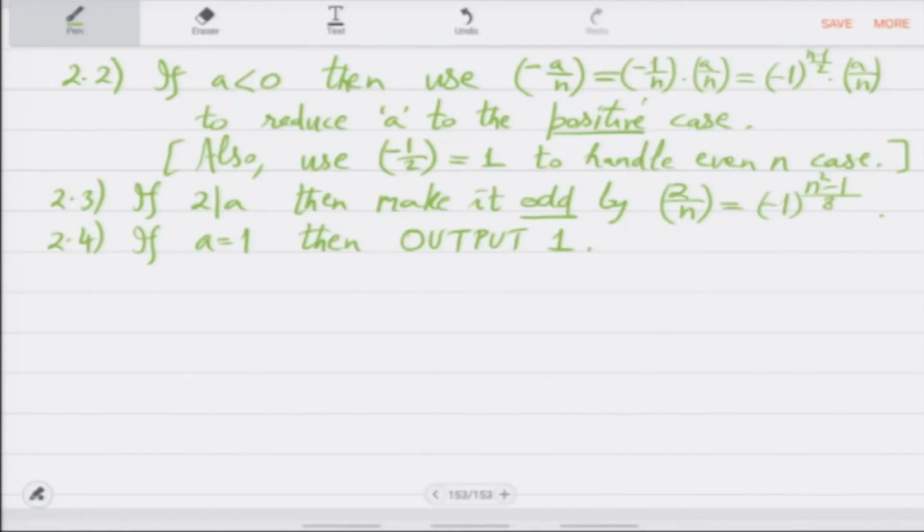For example, what do you do with 3 by n? How do you compute it? Here you use quadratic reciprocity. Instead of computing a by n, you compute n by a. And then the sign change could be this.